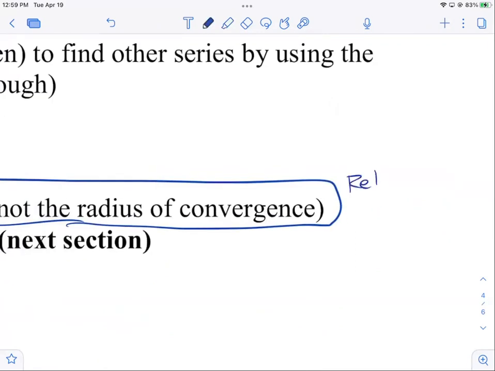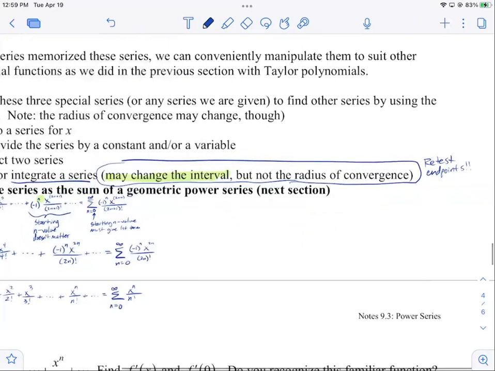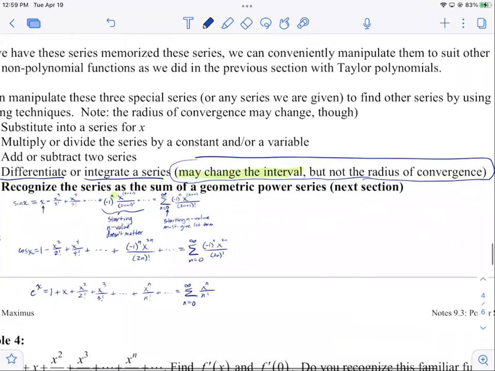That means that you need to retest your endpoints. It's only going to be smaller by at most 2 points, the endpoints. If they were included in the beginning, maybe they're not included in the end. But it could be that it's the same interval, but it won't change the radius. So it won't change anything on the interior. If you take the derivative or the integral of a series to get a new series, you recheck the endpoints, okay?